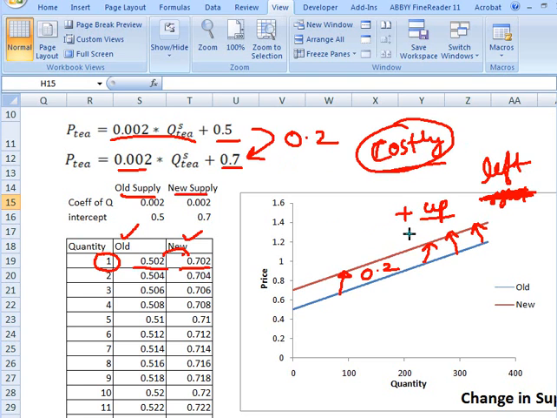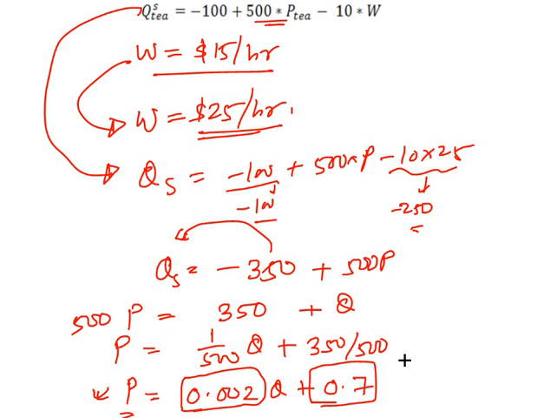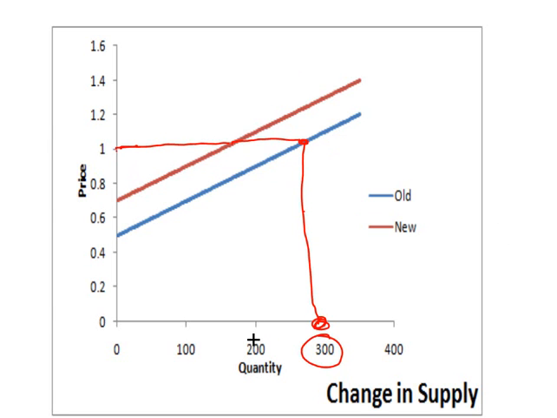So let us see how this costly comes into play. What do I mean by costly? Think about if the price was $1. Earlier at $1 the supplier was supplying you 300 quantity, but now because of the increase in his cost, for the same $1 he will provide you, let's say, only 150 as the quantity.